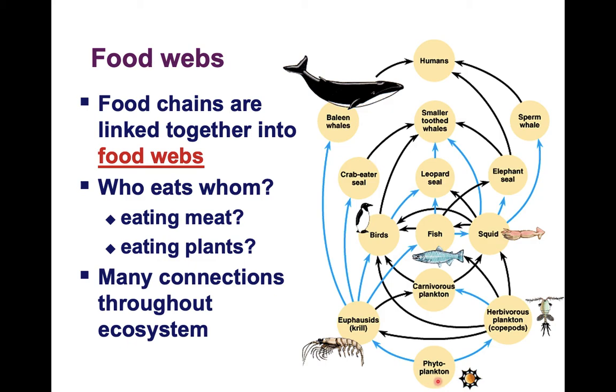So this is a type of organism that is an autotroph that is able to make its own food. So this phytoplankton is serving as food for the herbivorous plankton and the krill. And then these organisms serve as food for other organisms here. Now, just like food chains, you also have top carnivores or top consumers. So in this particular food web, humans would be the top consumer here. So you see different levels as well.